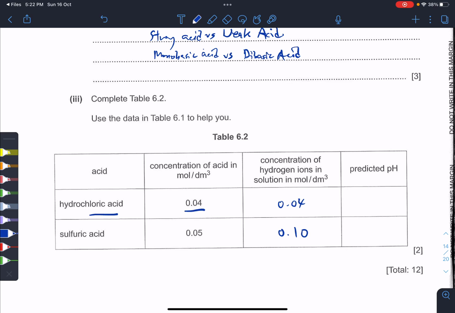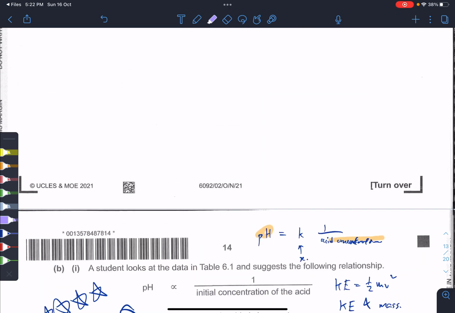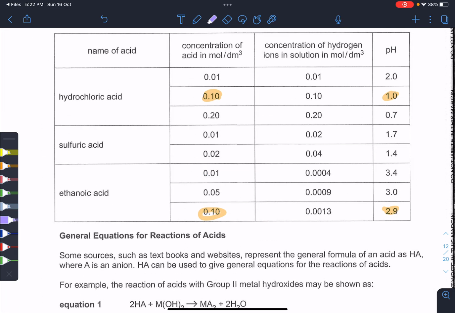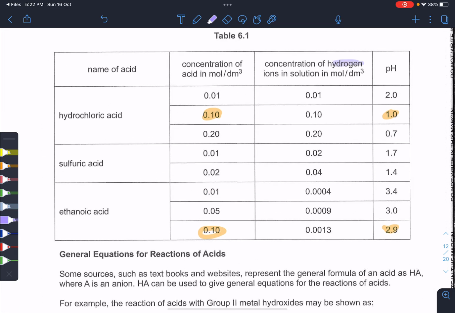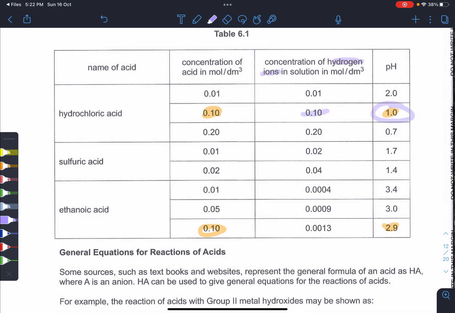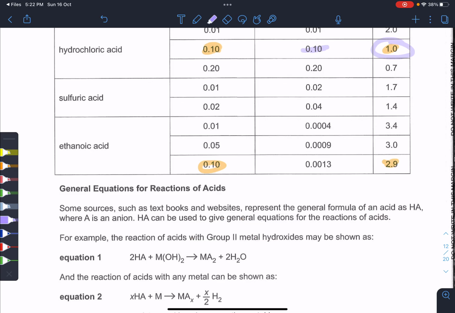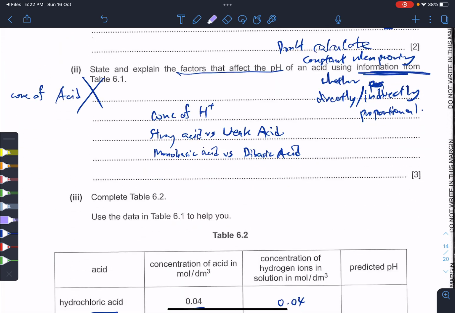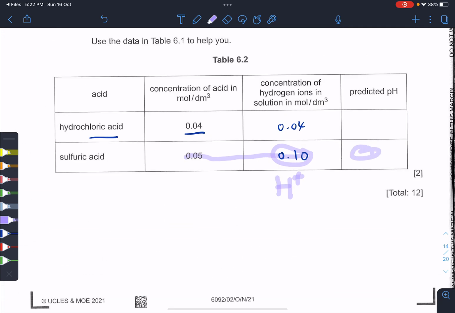For sulfuric acid, this is very easy. Why? Because you just have H+ 0.1. So the answer is 1. For sulfuric acid, I'm looking out for a very specific number, not even 1, it's 1.0. So that's how it works.